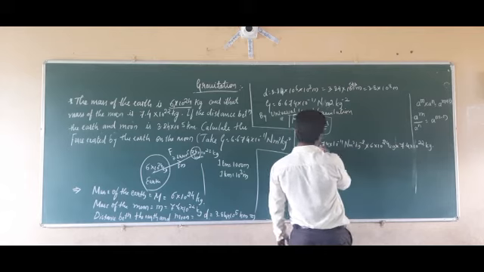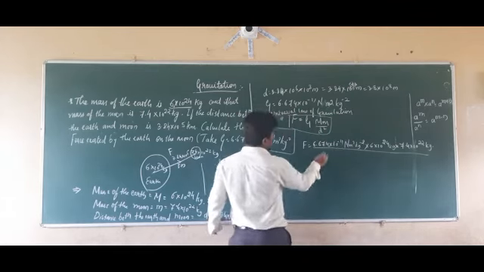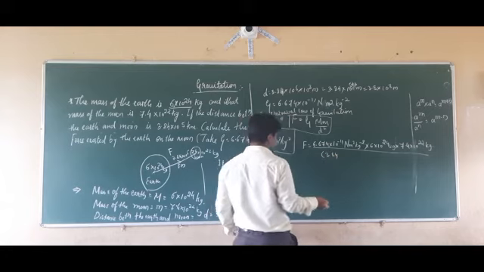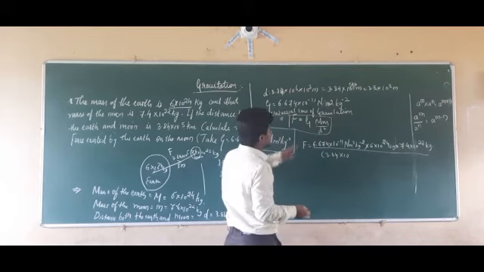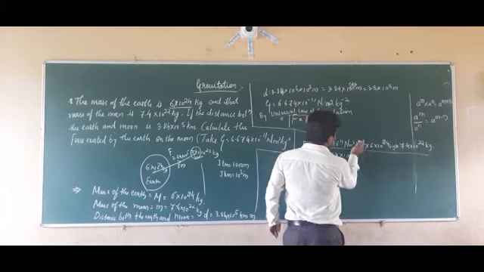Whole divided by, what is the value of d here? It is equal to 3.84 into 10 raised to 8 meter, SI unit.